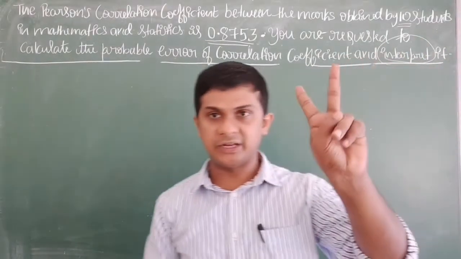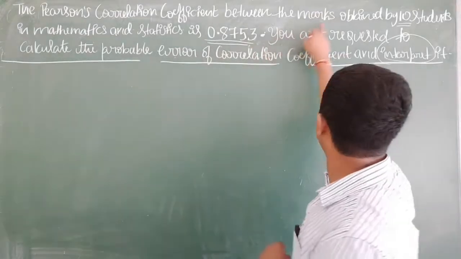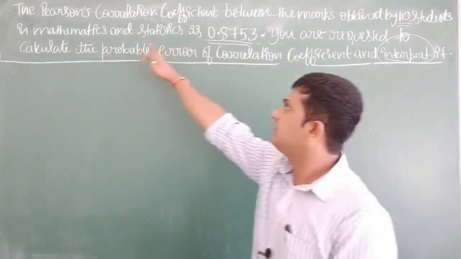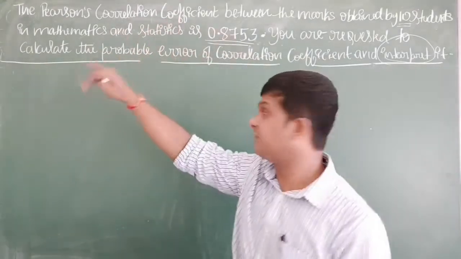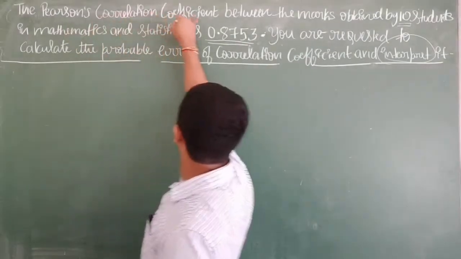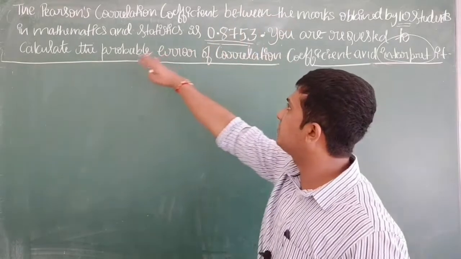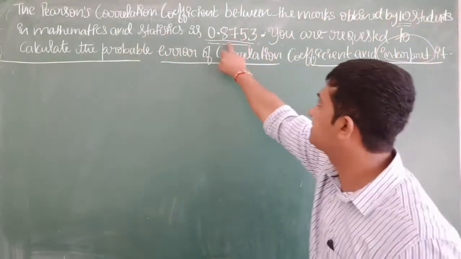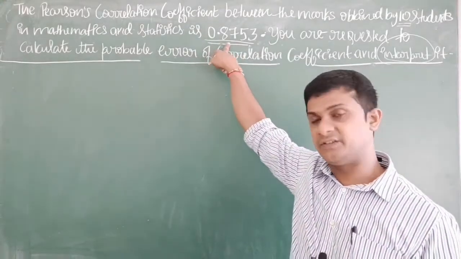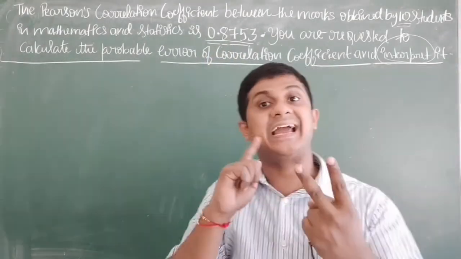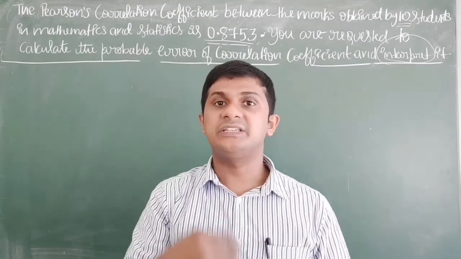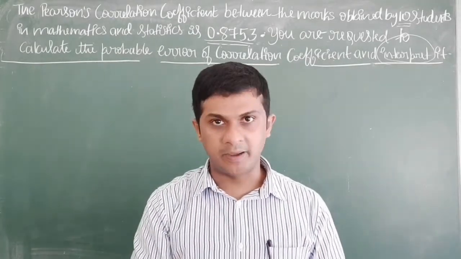They have given two numerical values: one is the number of students, that is 10, and the other is Karl Pearson's correlation coefficient between the marks of mathematics and statistics, 0.8753, along with n. Using these two values, we have to calculate the probable error.